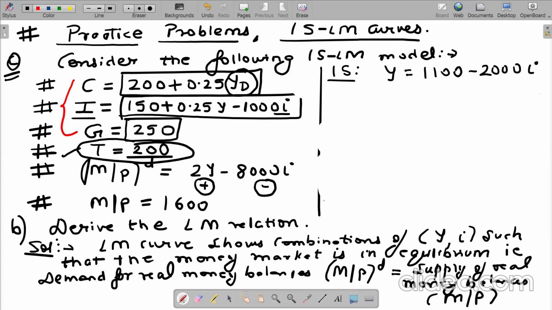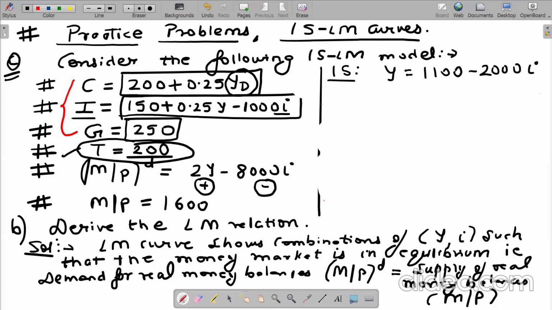So I'm revising it again with all students. The LM curve is going to give us combinations of output and interest rates such that the money market is in equilibrium. The money market is in equilibrium when demand for real money balances equals supply of real money balances.